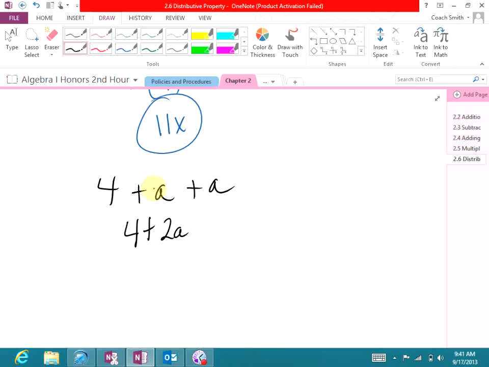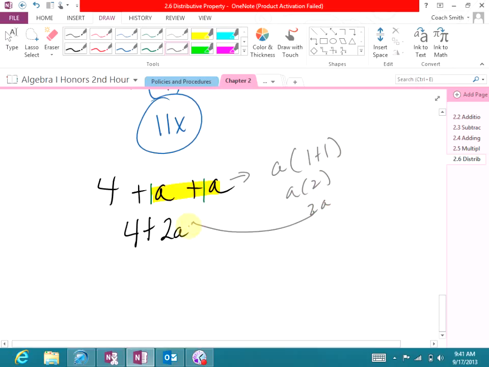No. Remember, there is an imaginary 1 in front of both of those a's. So this is the same thing as a on the outside, 1 plus 1 on the inside, which is a times 2, which is 2a.